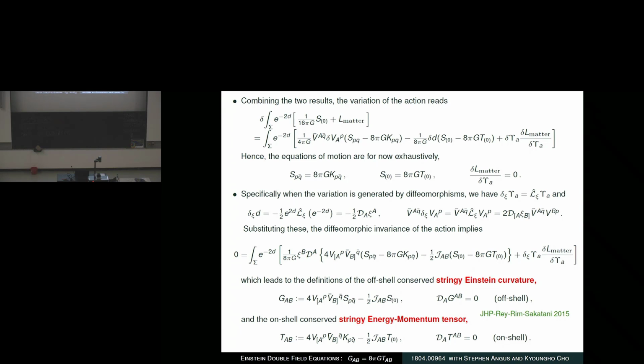If we consider the general covariance of the action, we have a certain identity where the natural definition of the Einstein curvature as well as the string energy-momentum tensor appear. This is the divergence of these quantities, so they are off-shell conserved, or on-shell conserved because of the extra Euler-Lagrange equation.